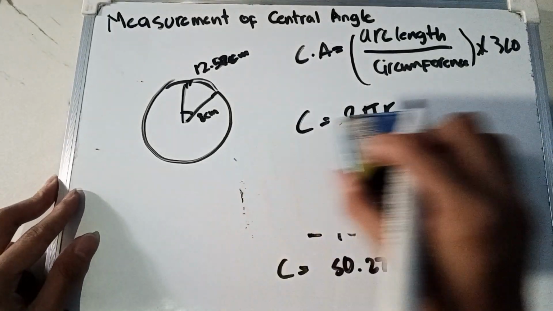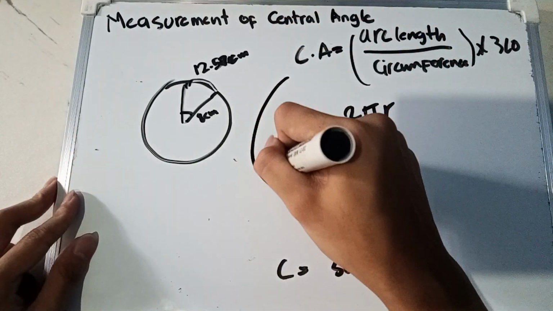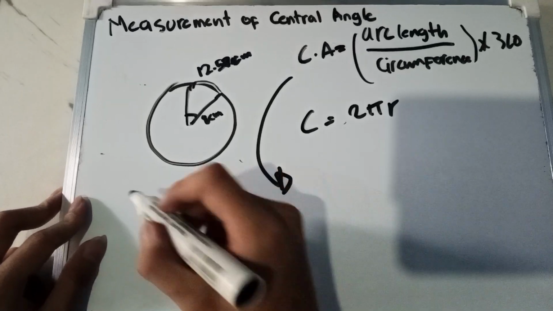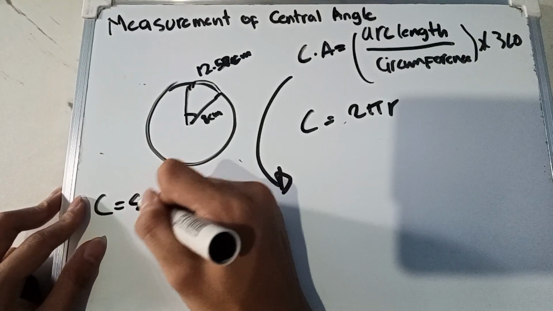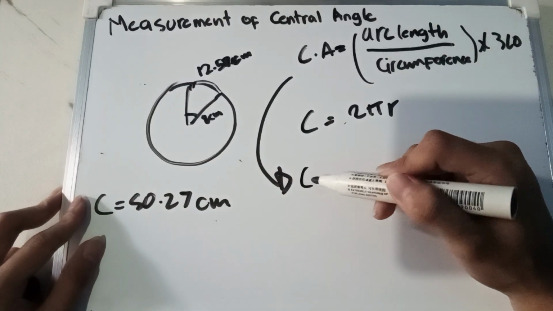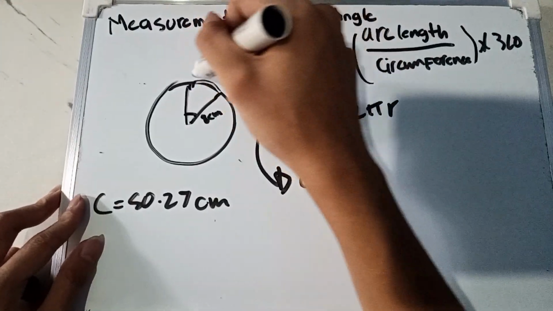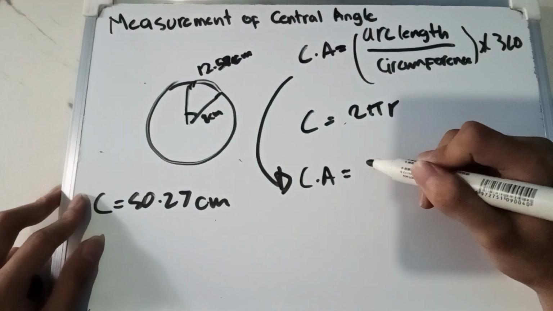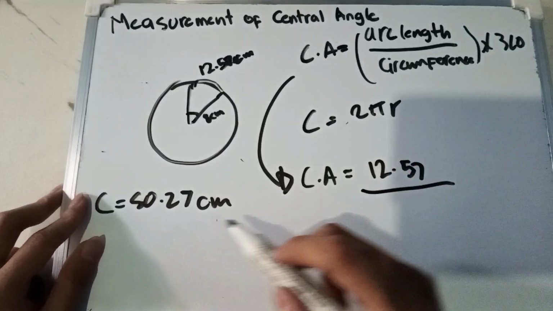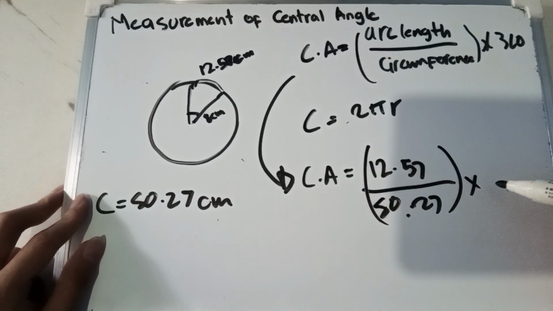Since we have the value of circumference, we can now solve this. Central angle is equal to arc length, that is 12.57, over the circumference, which is 50.27, times the value of 360.